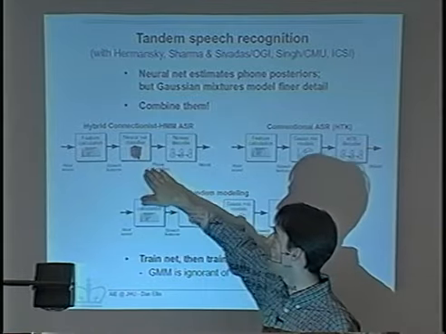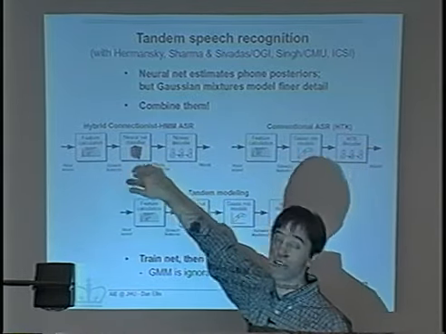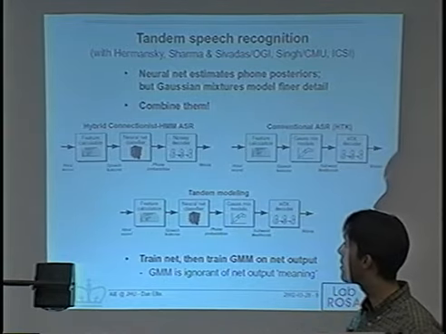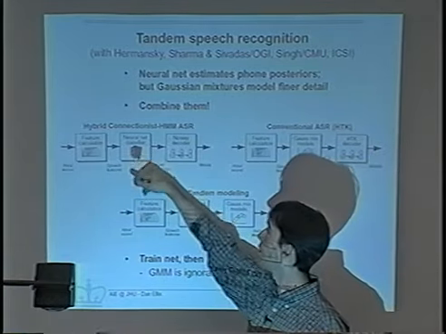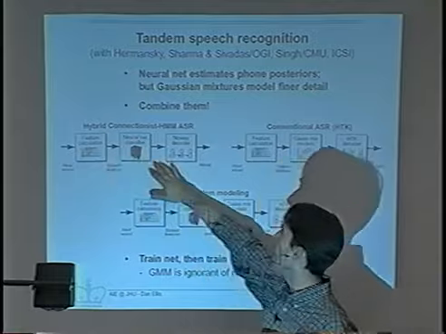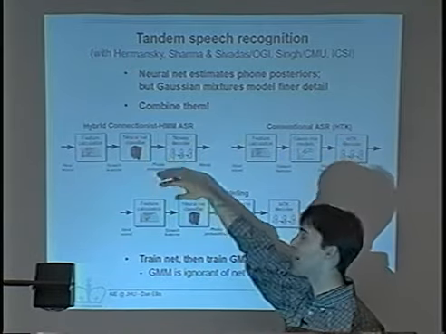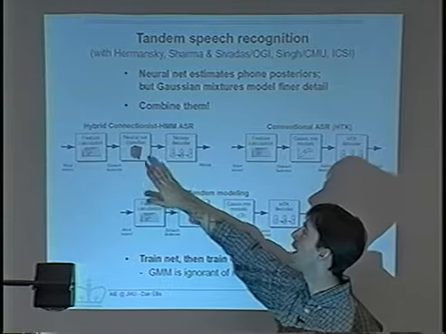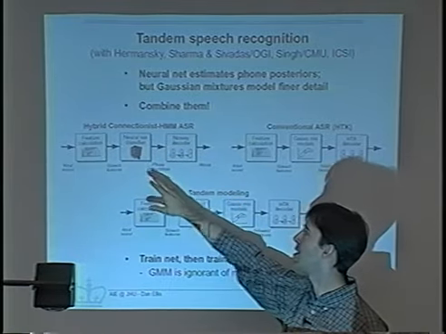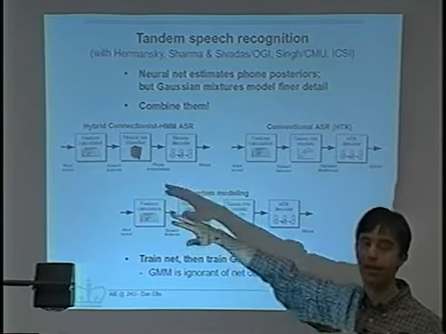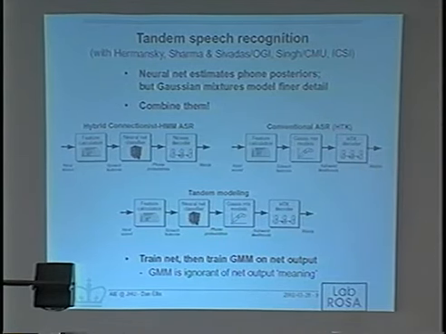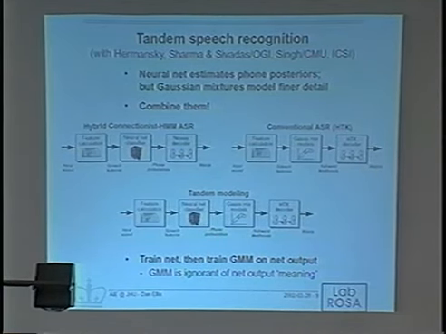The ICSI approach was using, instead of the Gaussian mixture models, a neural net classifier to estimate directly the posterior probabilities of these monophone states, and then a decoder, which is basically doing the same thing. It's still HMM decoding, but working in the posterior domain. There are a few other tricks you can pull, so we have a specialized decoder for that. But we were involved in the Aurora task, which was put together by the European Telecommunications Standards Institute.